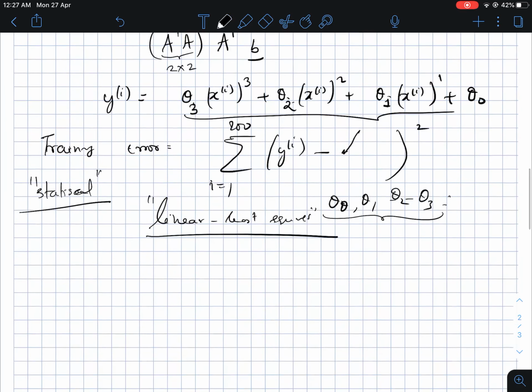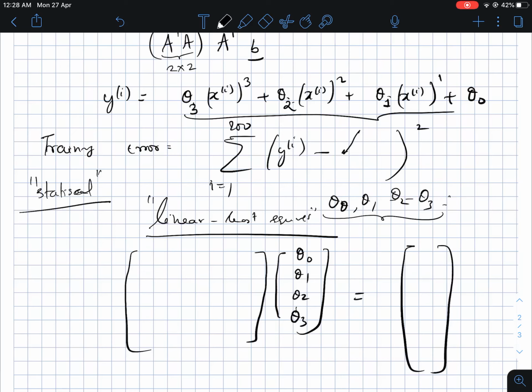So you still have linear least squares, and you can actually work out what the A matrix is. Remember, here you have variables theta naught, theta 1, theta 2, theta 3, and you're still going to have y1, y2, so on up to y200. So here you have n equal to 4, m equal to 200.